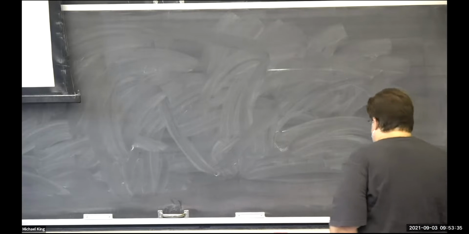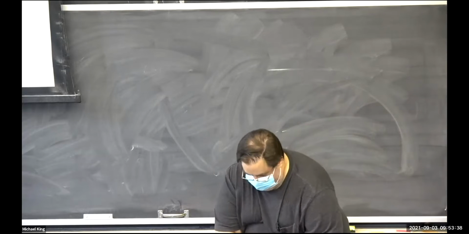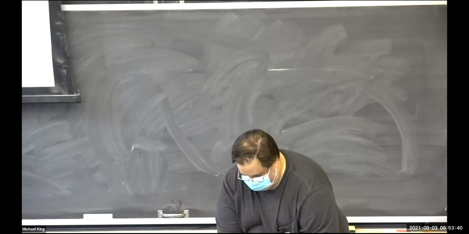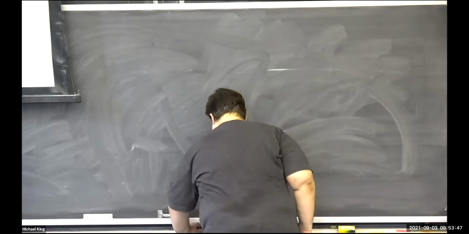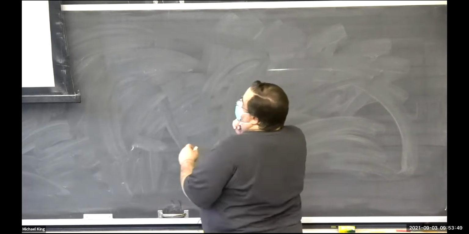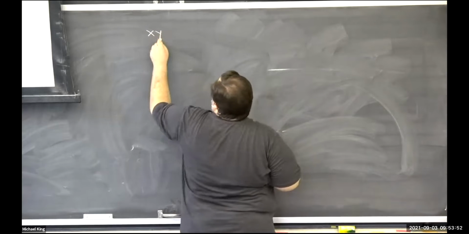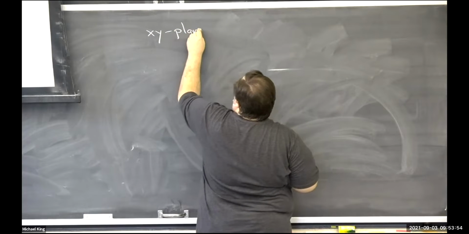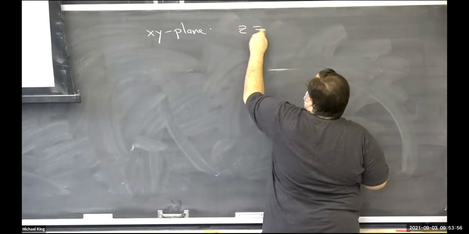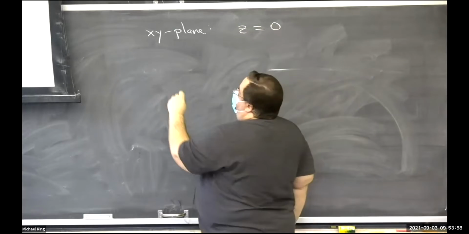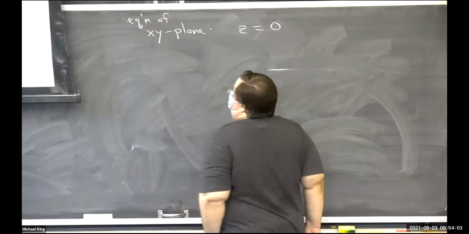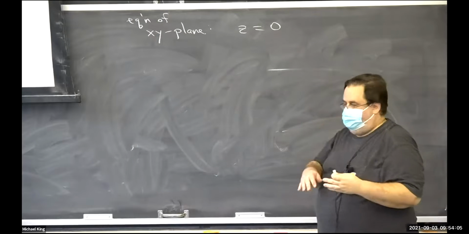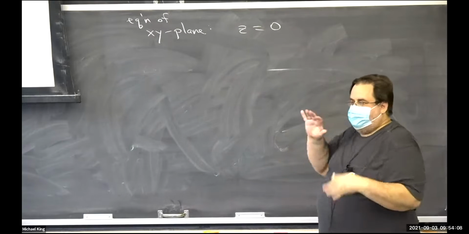I'll write some of this down. Here's my special chalk. So we've seen the XY plane. I think most or all of you got that the equation is z = 0, because every point on that plane satisfies z = 0. So that's actually an equation for the plane.